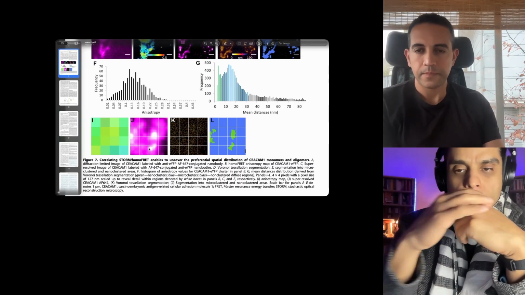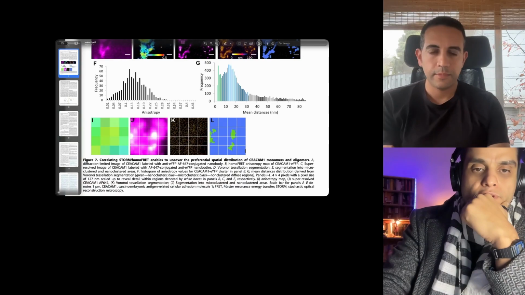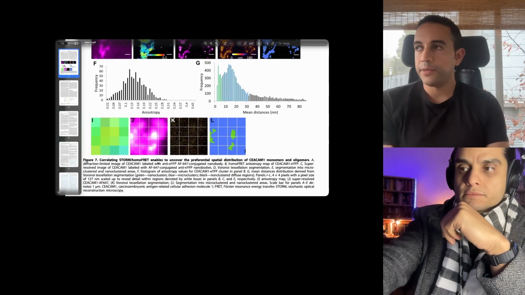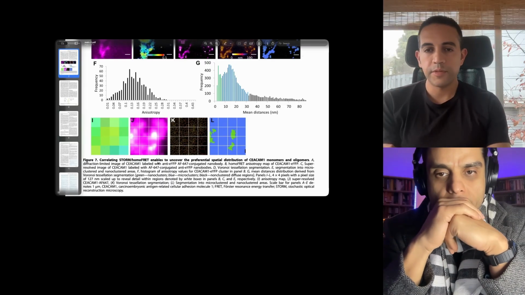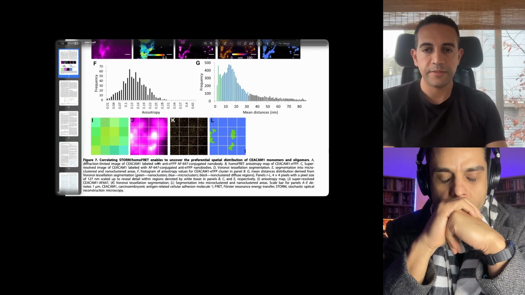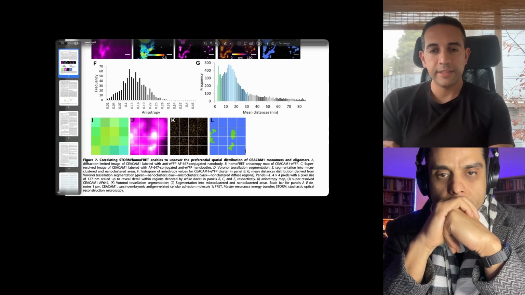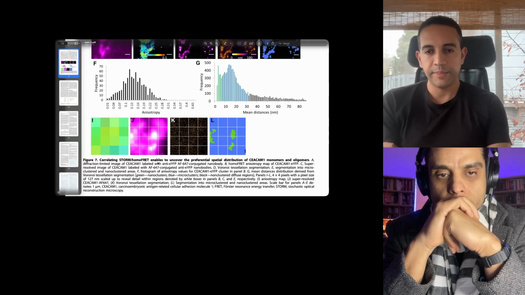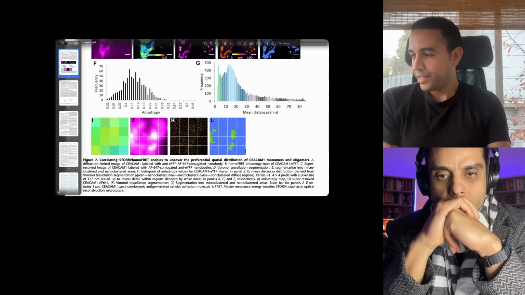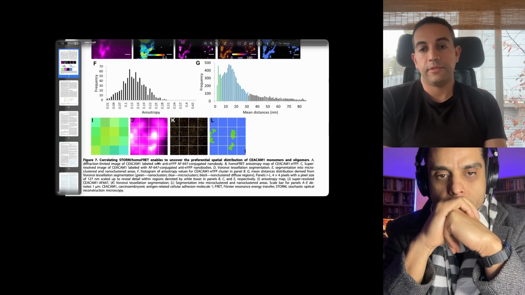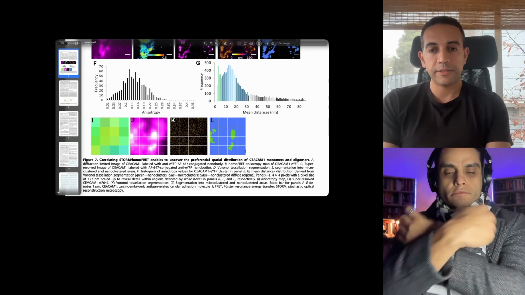Maybe we should give a definition of what a monomer and oligomer is. Yeah, so with protein folding, a protein folds from a primary sequence to a set of secondary structures that has alpha helices and beta sheets and loops, and that eventually all comes together to form a folded protein, a tertiary structure.